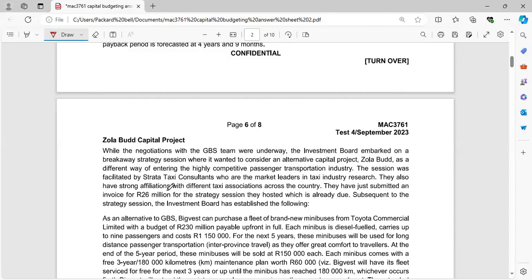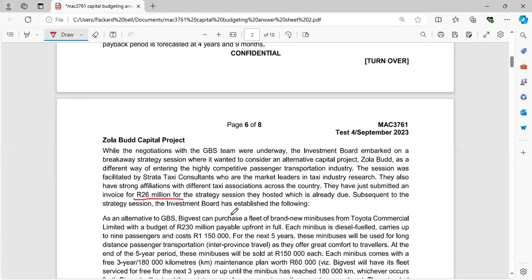The session was facilitated by Stratatex consultants, who are the market leaders in taxi industry research. They also have a strong affiliation with the different taxi associations across the country. They've just submitted an invoice of 26 million for the strategy session they hosted, which is already due. So there is an invoice of 26 million for the strategy session.